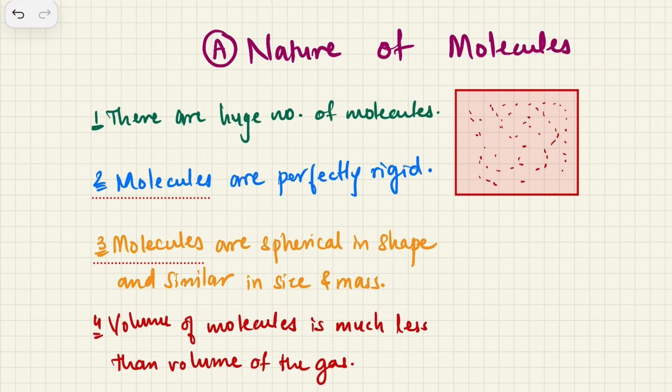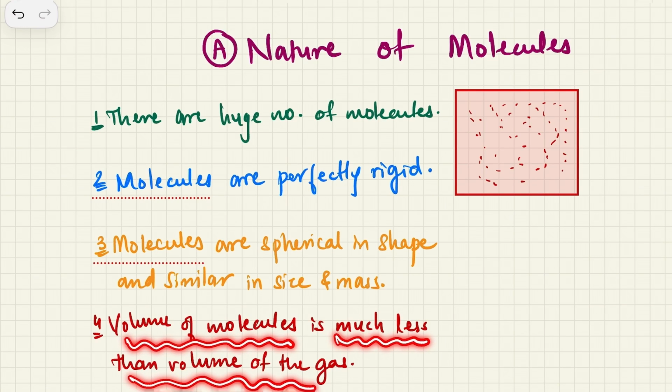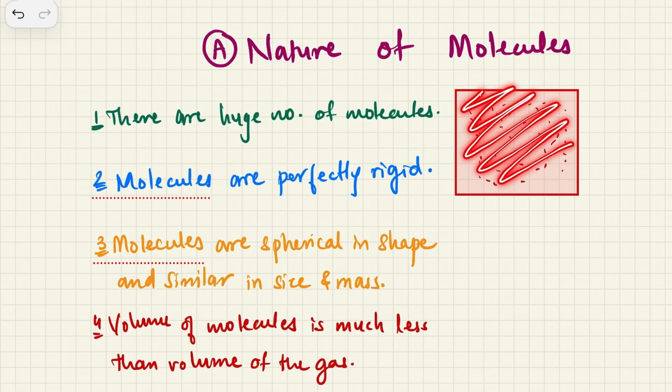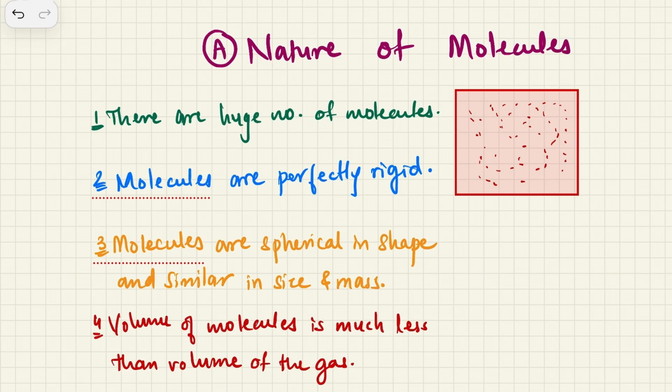Then the fourth assumption is that the volume of the molecules is much less than the volume of the gas. A gas always occupies the volume of the container. So this entire box is the volume of the box, and this volume of the box is nothing but the volume of the gas.